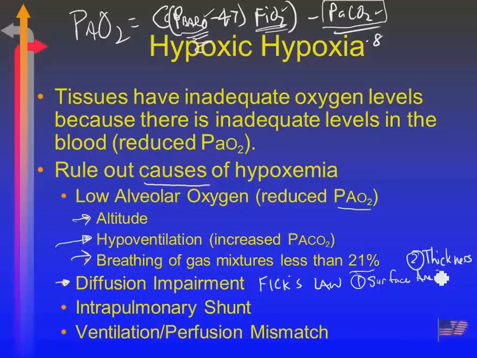We also know that we have a diffusion impairment whenever we lose functioning alveoli, as you would see with pulmonary emphysema. You end up seeing a diffusion defect. Usually this doesn't manifest itself except during exercise or activity. I say exercise, but exercise could be something as simple as walking to the bathroom.